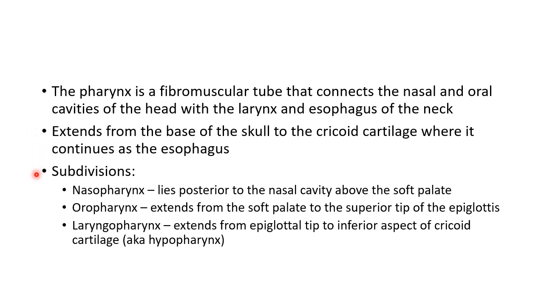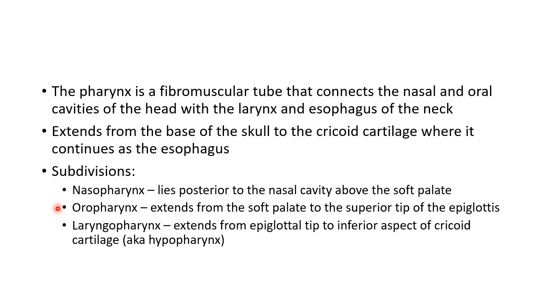There are subdivisions of the pharynx based on the more anterior structure. So the portion of the pharynx that is located posterior to the nose would be the nasopharynx, and it ends above the soft palate, which would be the region of origin of the oropharynx.